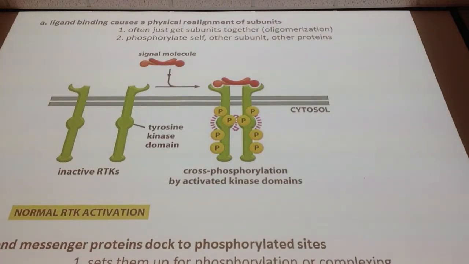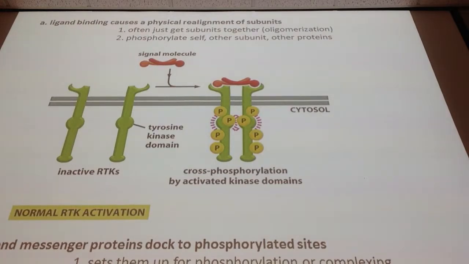So it's an unphosphorylated RTK dimer. So far so good. The unphosphorylated RTK dimer actually has an enzymatic activity. And then a phosphorylated RTK dimer has a different enzymatic activity. Okay? So we have to talk about them separately.